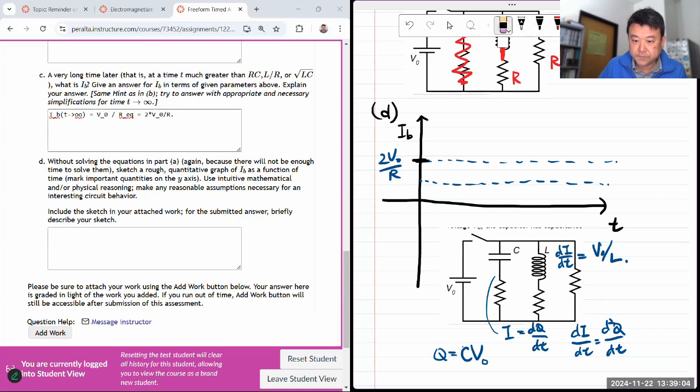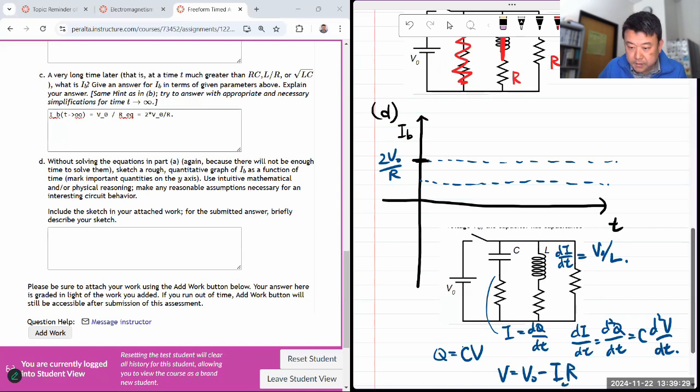Well, the voltage is not V naught. At time equals 0, V is 0. So this double derivative is going to be C times the double derivative of V over dt. And the voltage across that is V naught minus I R.